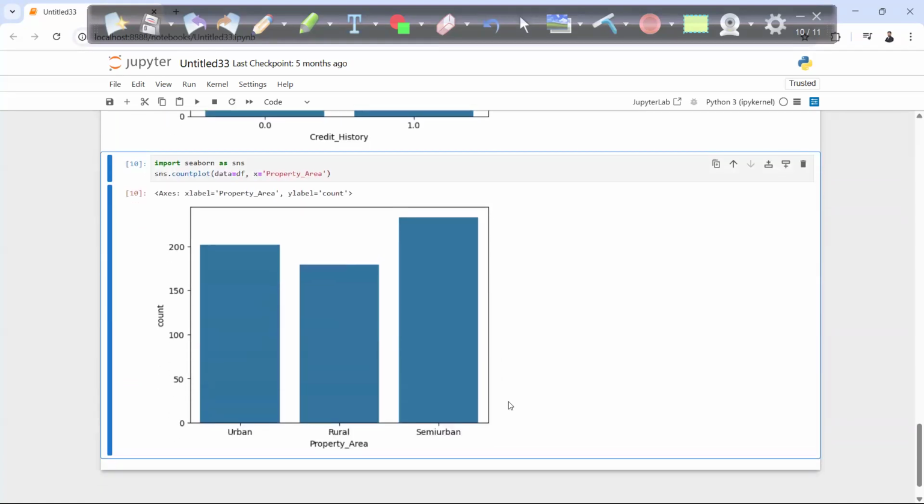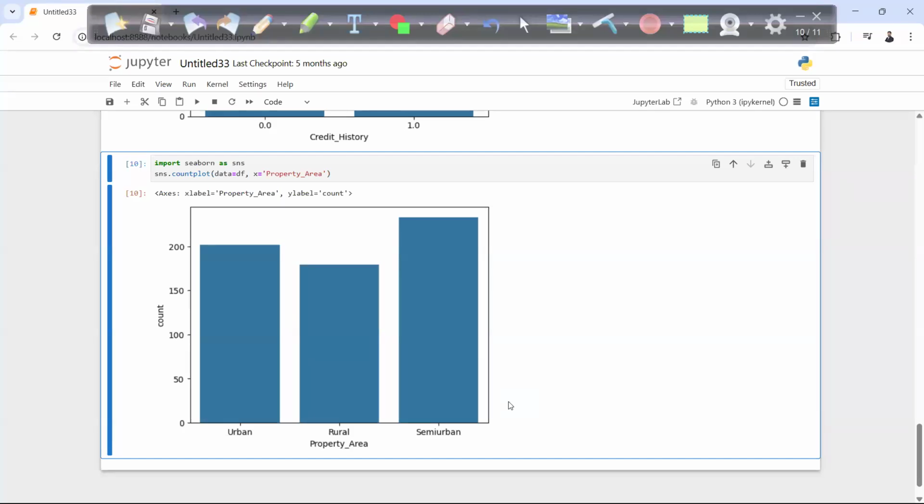So I have 3 different types of property area in my dataset. One is urban, second is rural, and the third one is semi-urban, right? So we have a total of 3 types of property areas.